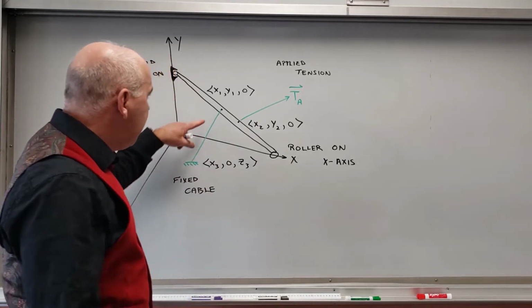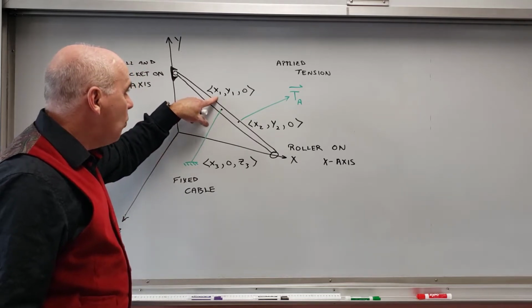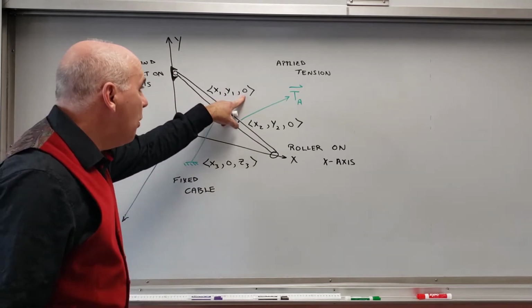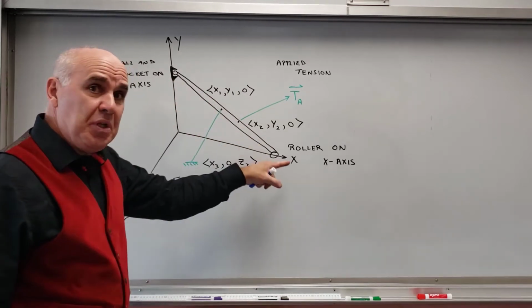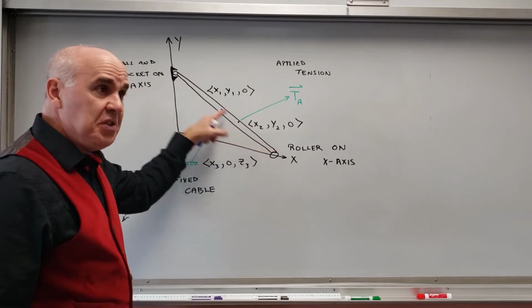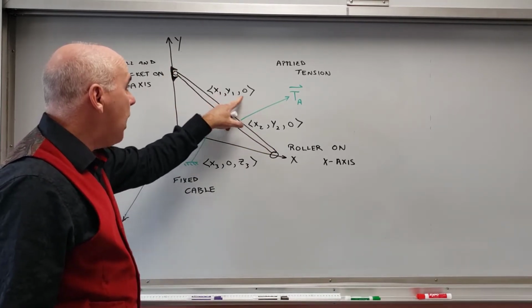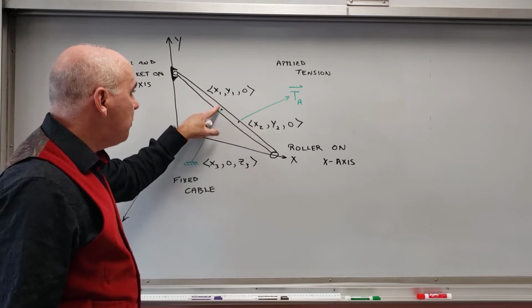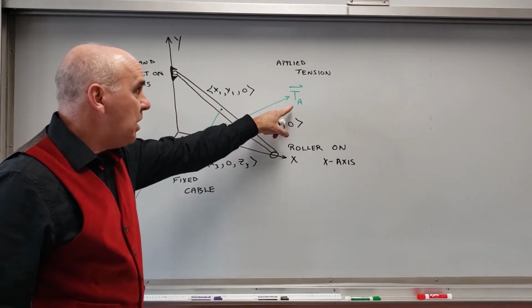And then I have a cable attached to it, and it's fixed at this point, x1, y1, 0, because this bar is in the xy plane, so it has a position in the z direction of 0. So x1, y1, 0 is the coordinate of this point. Then I'm pulling on it with some tension, T applied.